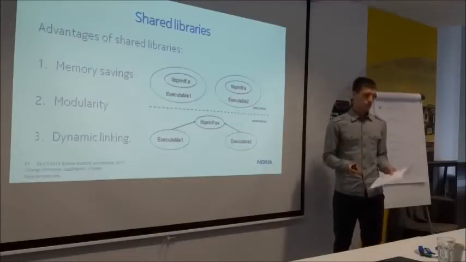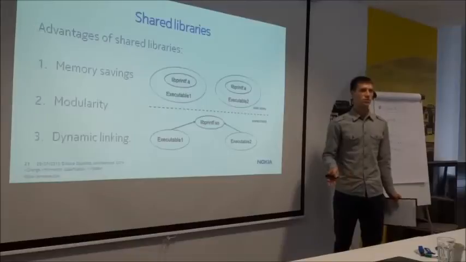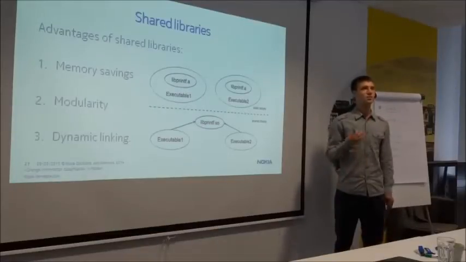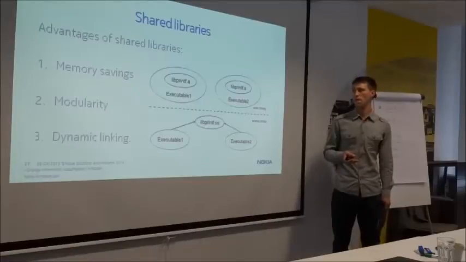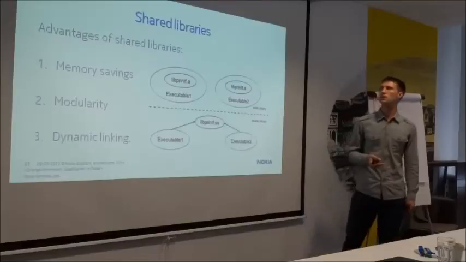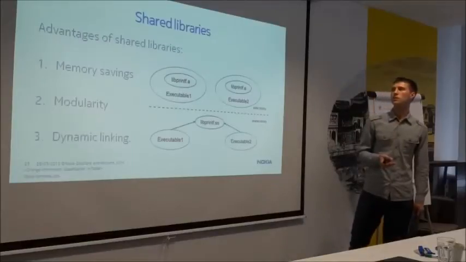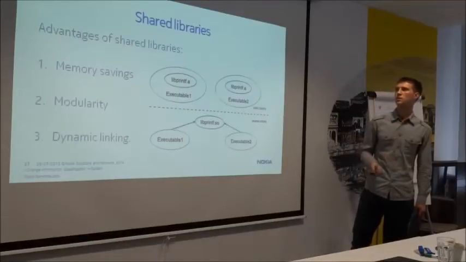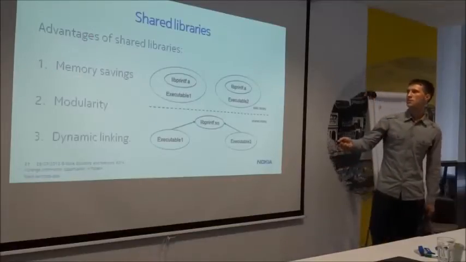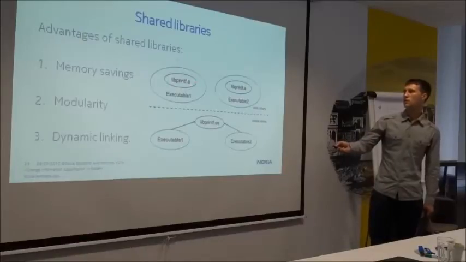So, in general, a dynamic library is also used as a building block for your applications. But in comparison with a static library, it has some advantages. First is memory savings. Simply, if we consider this example with the libf.a library, this is a static library.